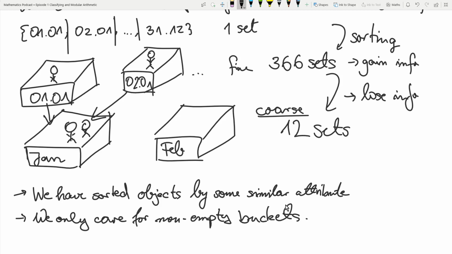So there can't be a person who was born on the 1st of January and the 2nd of January at the same time. We can justify the claim that there should only be one accepted date of birth, which means there shouldn't be any overlap between the buckets.